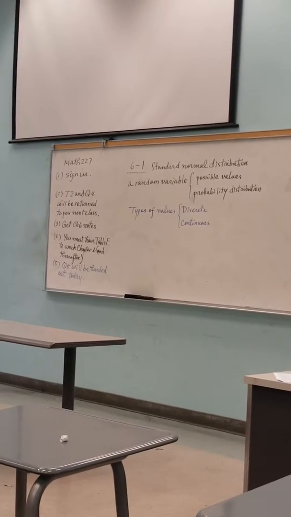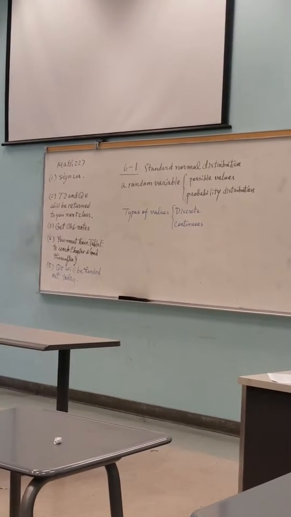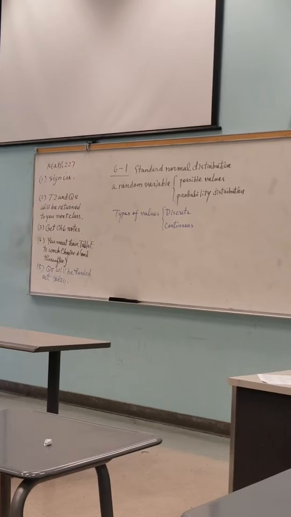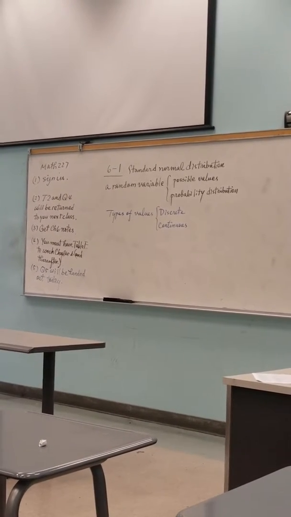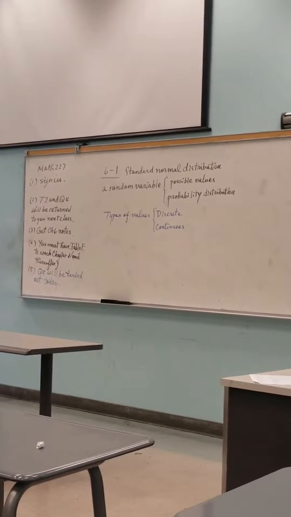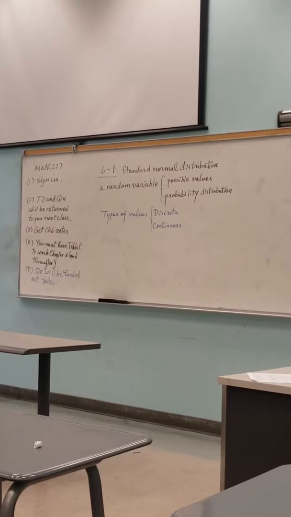Go to D. It represents the lifetime of an LED light bulb. Lifetime, say 1,000 hours, 1,001 hours. Possible values.